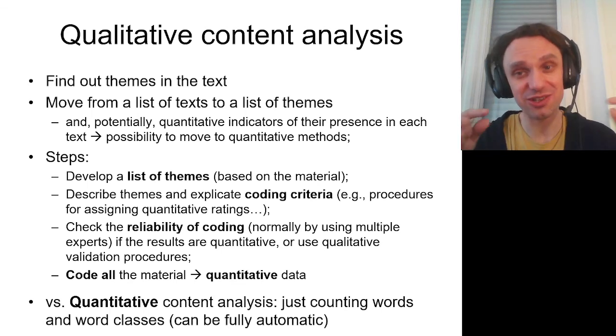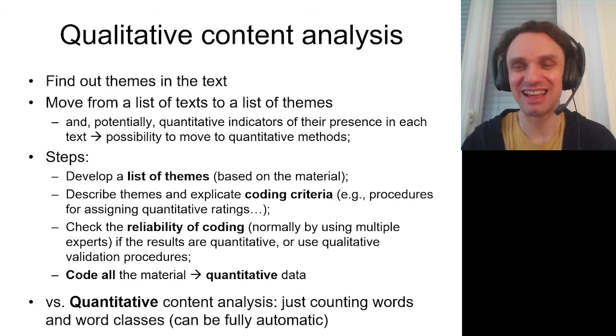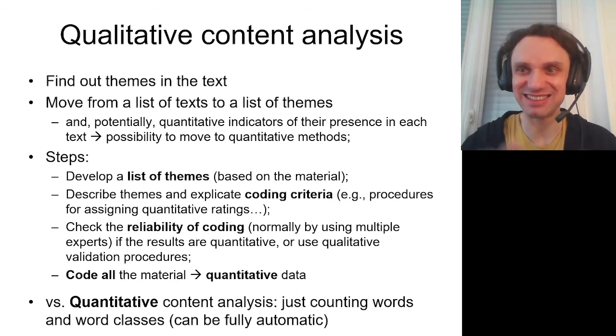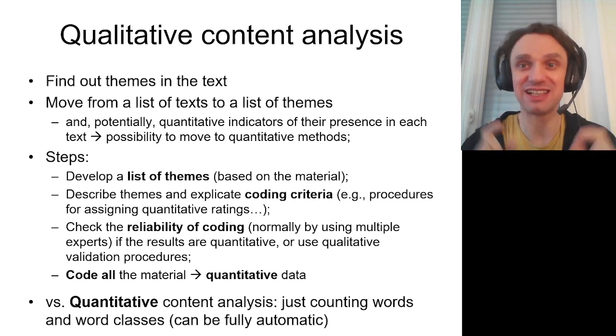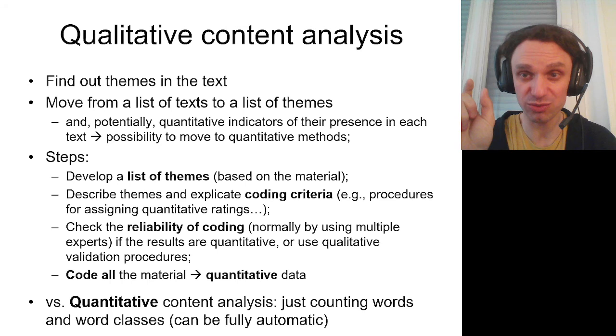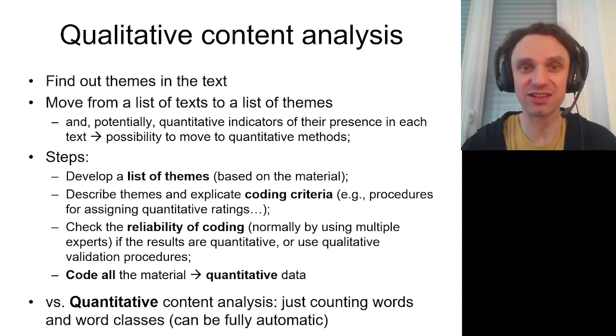And it's up to you to make this decision. And it's up to you to discuss this decision if you have a partner who also does the coding. But finally, you need to be very clear about why did you decide to classify this in this way, and what are the criteria that you used for each theme.